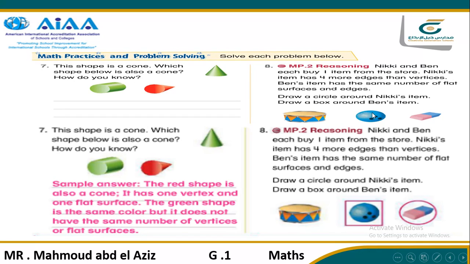The second shape has the same number of flat surfaces and edges. It's what? Sphere. No faces, no edges, and no vertices. So we will put a box here.